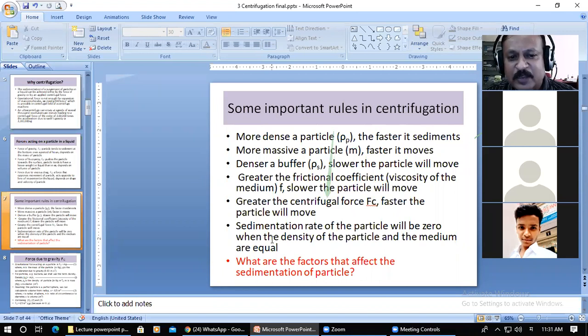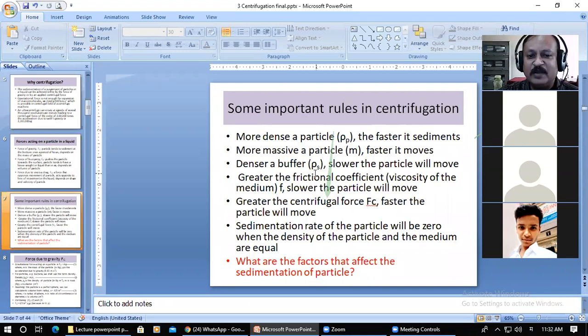So I was telling you that the particle will centrifuge or sediment faster if the density of the particle is more. And if the mass of the particle is more, again, it will move faster. Then if the density of the medium, here I have called it a buffer, but it could be any medium, even plain water, is more, then the particle will move slowly, right?